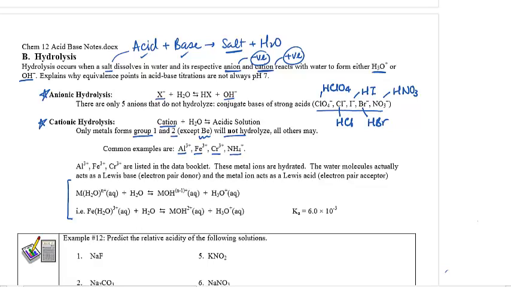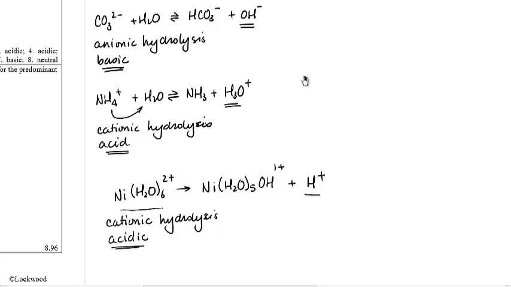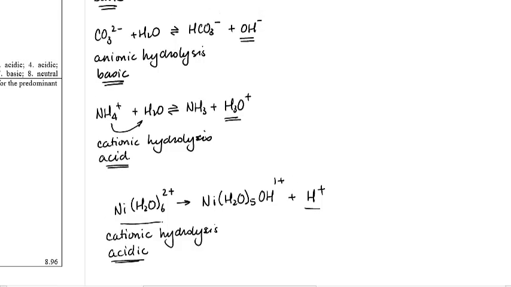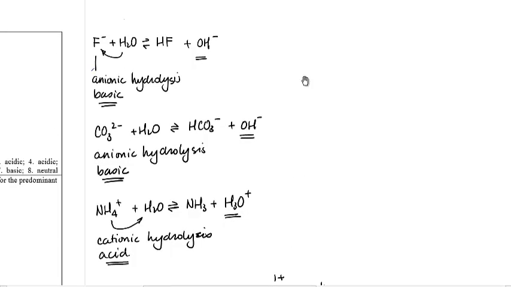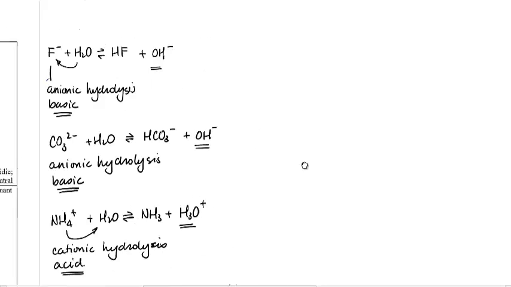Now there's one thing that we need to make a note of as we analyze these hydrolysis reactions, is that they look very similar to weak acids reacting with water or weak bases reacting with water. But there's one important distinction.